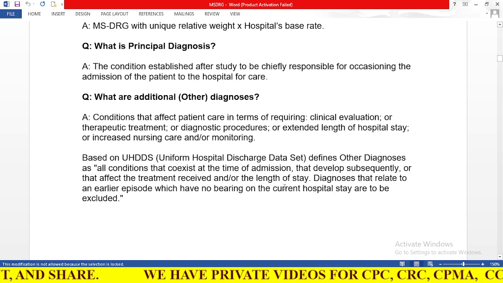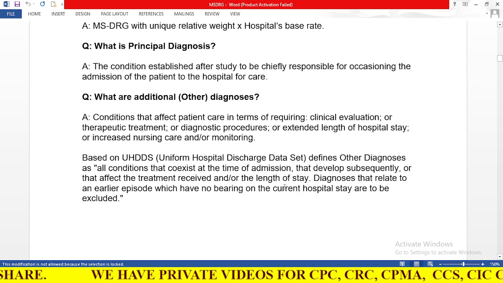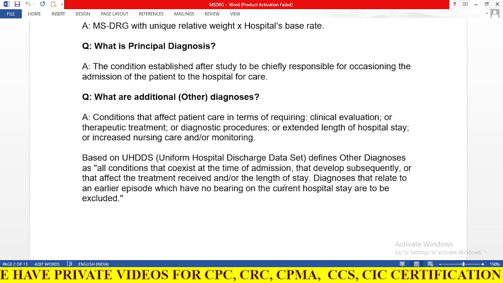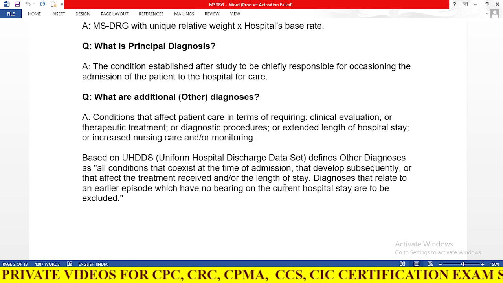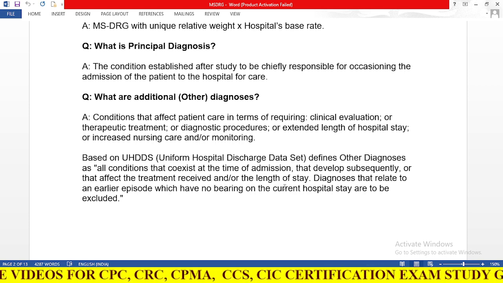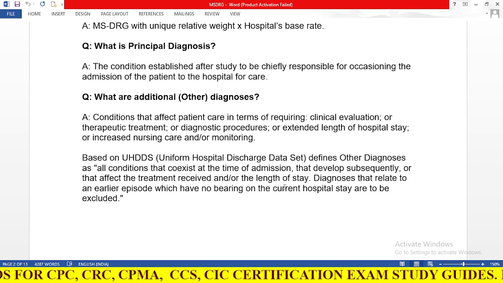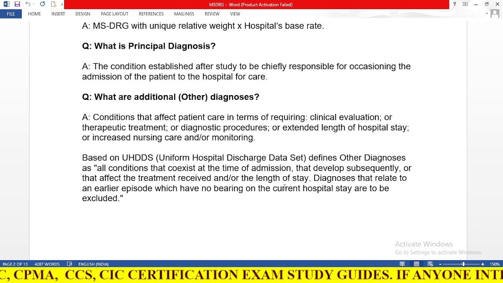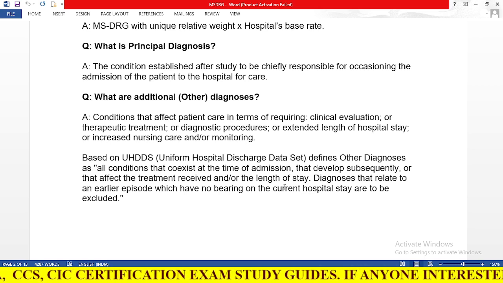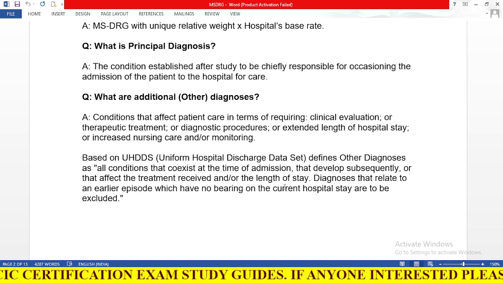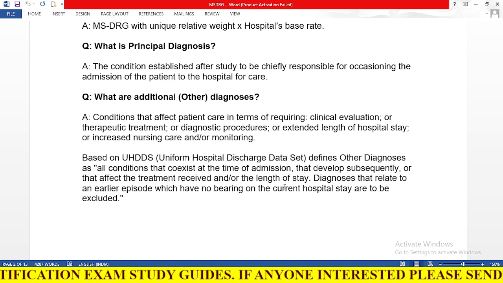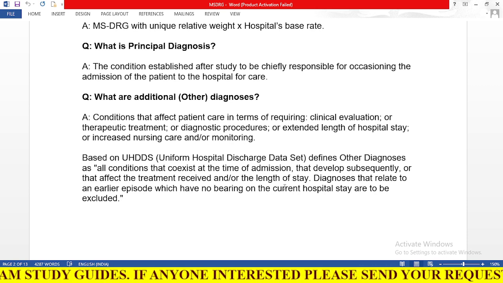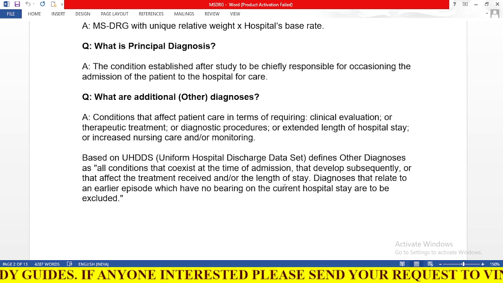Based on UHDDS, usually we call it the Uniform Hospital Discharge Data Set, defines other diagnoses as all conditions that coexist at the time of admission, that develop subsequently, or that affect the treatment received and/or the length of stay. Conditions that coexist means that at the time of admission the patient needs to have these conditions, and those conditions need to have separate clinical evaluation and therapeutic treatment.